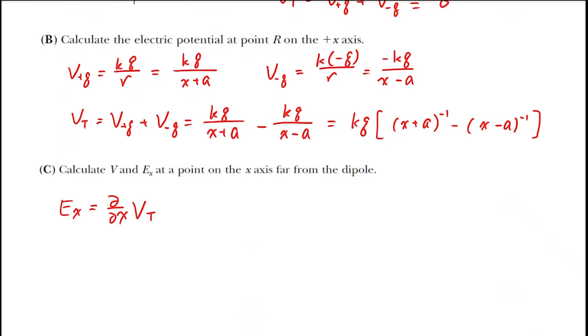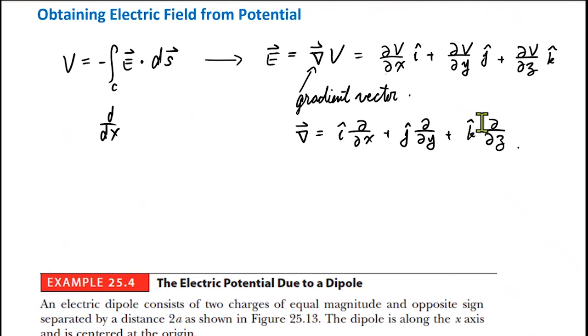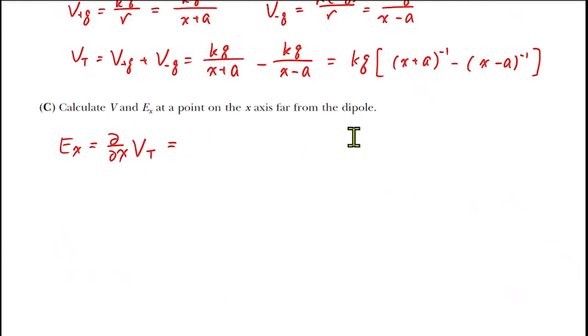Remember my gradient is with respect to x, y, z as well, but they just want the x component. Differentiating with respect to x is easy now. We have KQ here, and then negative x plus A to the negative 2 power, plus x minus A to the negative 2 power.